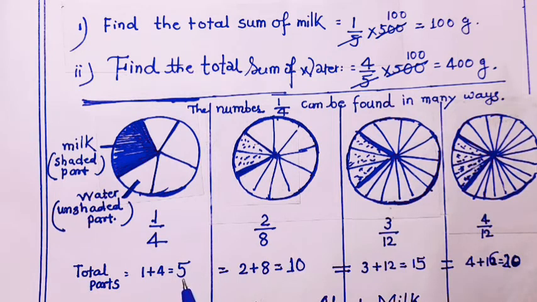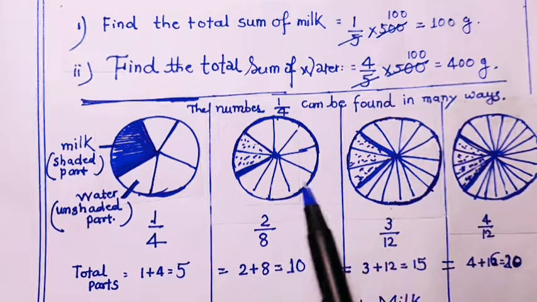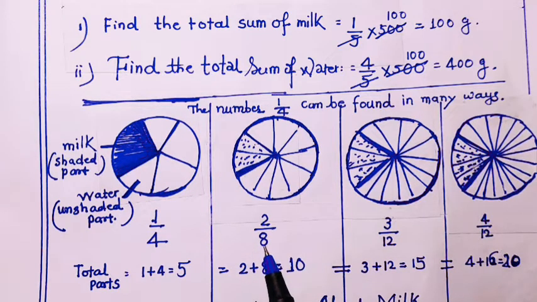So the total sum of the ratio would be 1 plus 4 equals 5, and we can show it in many ways as 2 by 8, 3 by 12, 4 by 16. So the ratio can be written in many ways for one number.